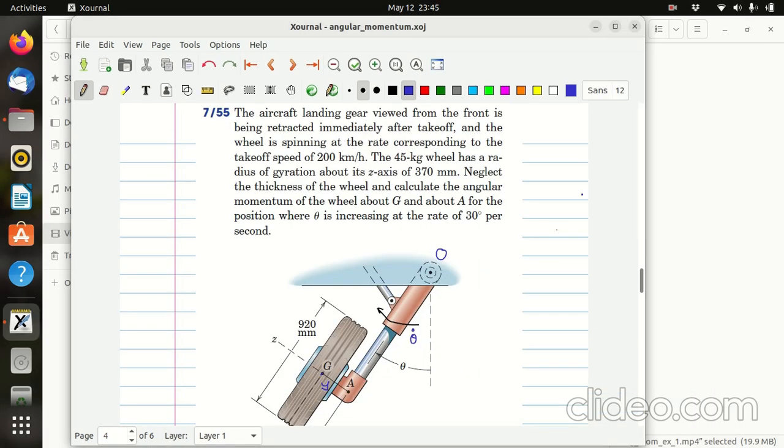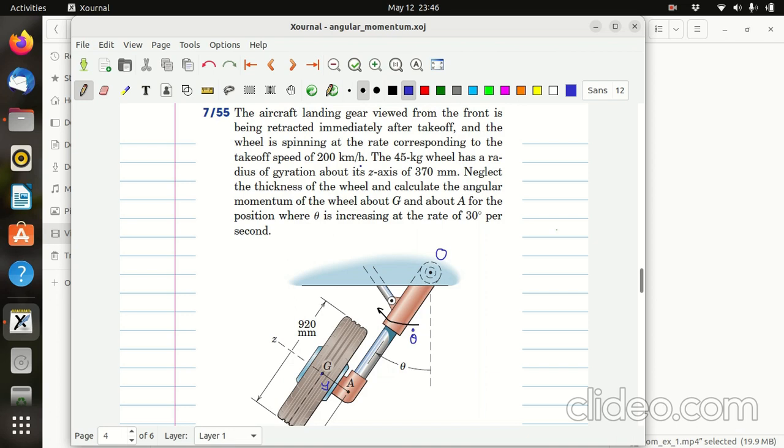So in this example, this is an aircraft landing gear viewed from the front. That means the aircraft is coming towards us, and the landing gear is being retracted in this direction immediately after takeoff, and the wheel is spinning at the rate corresponding to the takeoff speed of 200 km per hour.